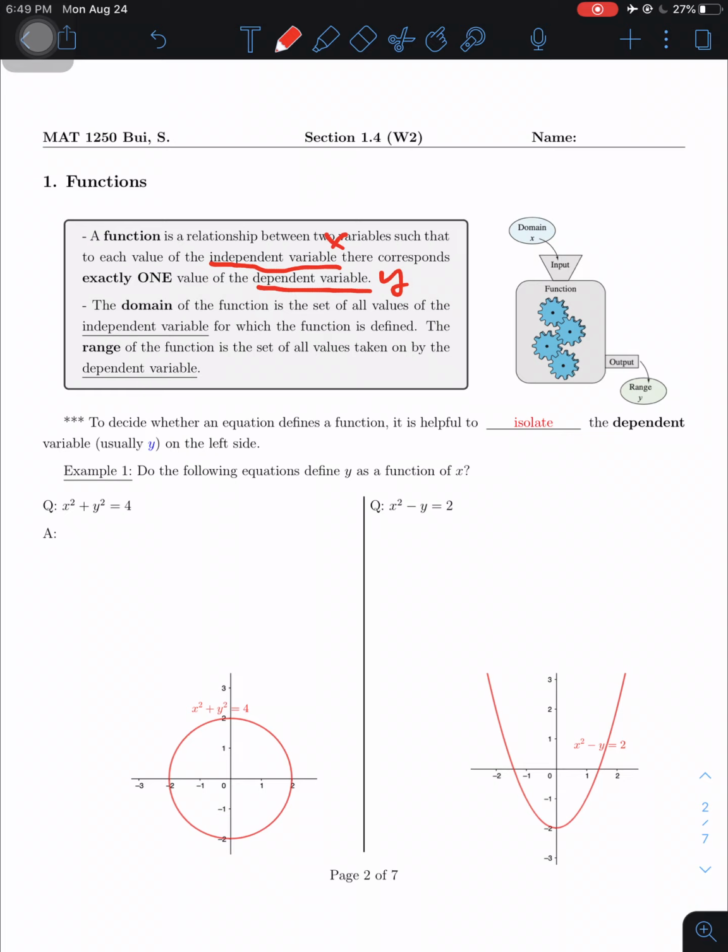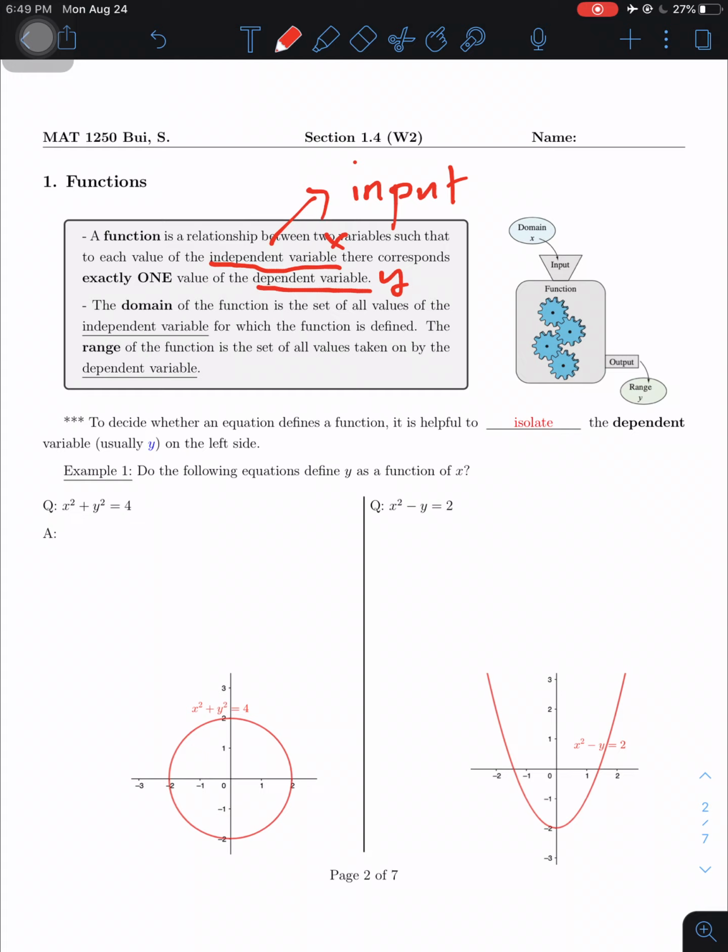How do I know it so fast? Well, if you have a problem with English like me, a quick tip, a shortcut to remember is that independent starts with the I. Input also starts with the I, right? So input is what you put in. You can think of it as in and out, like In-N-Out hamburger or whatever you want to call it. So in here is x and out in here is y, right? Most of the time you're gonna plug in x and get y out of it.